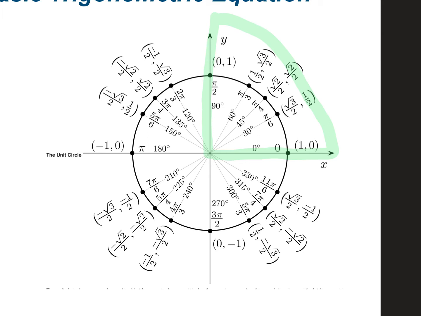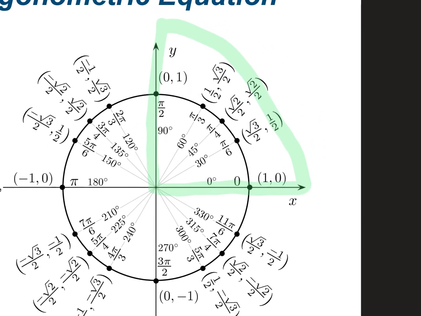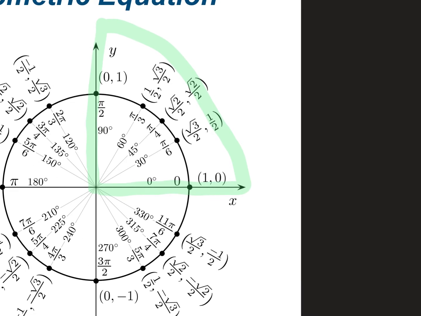We've gone through this. Now if I was going to find the tangent, let's find the tangent at everything in the first quadrant and our quadrant angles. If I looked at tangent of 0 or 2 pi, remind me again about how you would find tangent. What over what? Tangent, y over x.